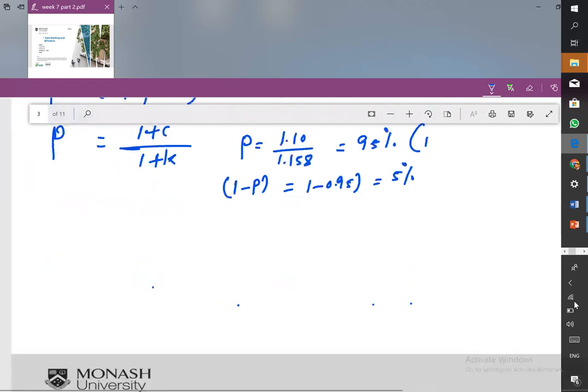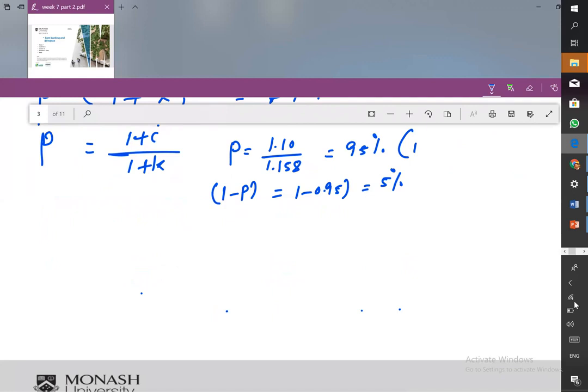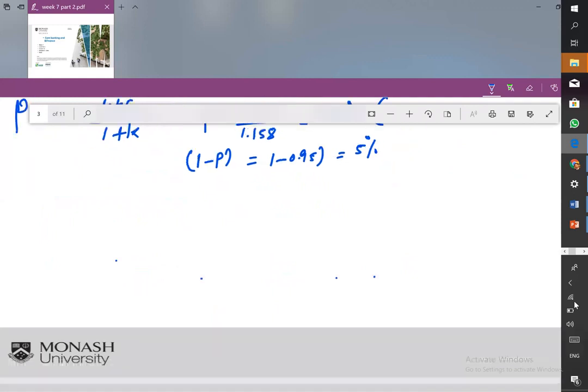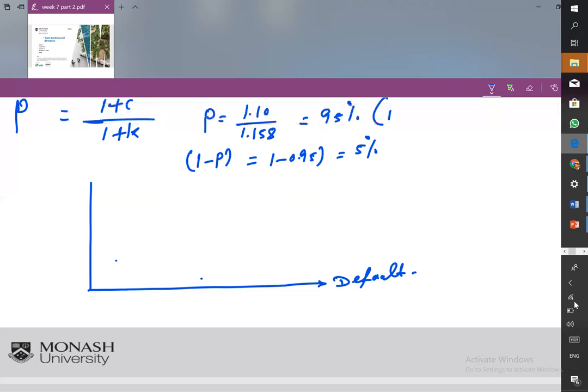If you want to draw it, it is just like this. The risk here is the probability of defaulting, because we are talking about credit risk, and this axis is the return. This is 0.